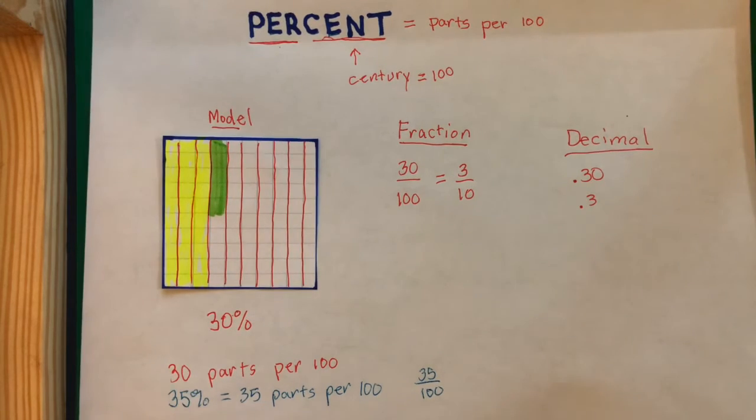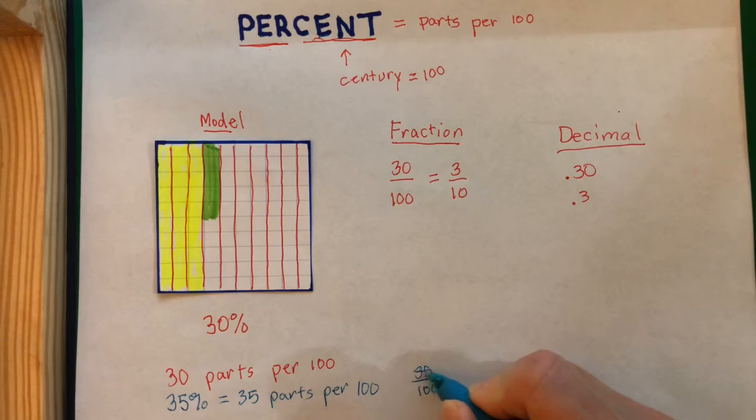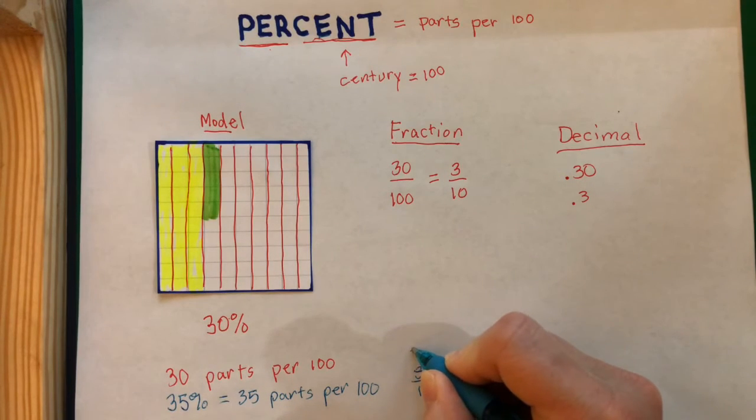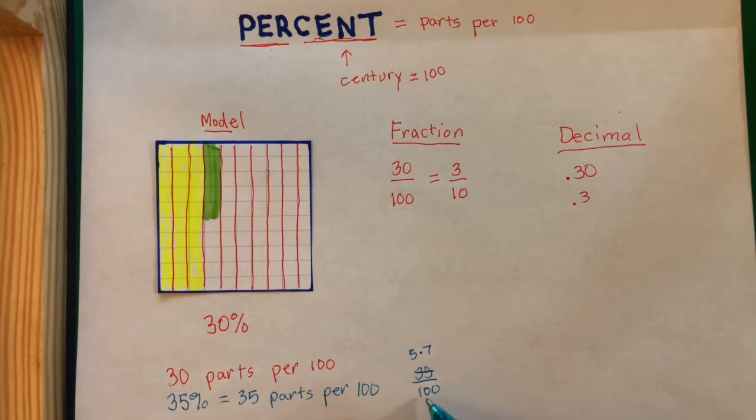Now I could reduce that fraction as well. If I know that that 35 can be rewritten as 5 times 7, and we know that 5 goes into 100 because it ends in a 0, and you might know that that is 20, 5 times 20.